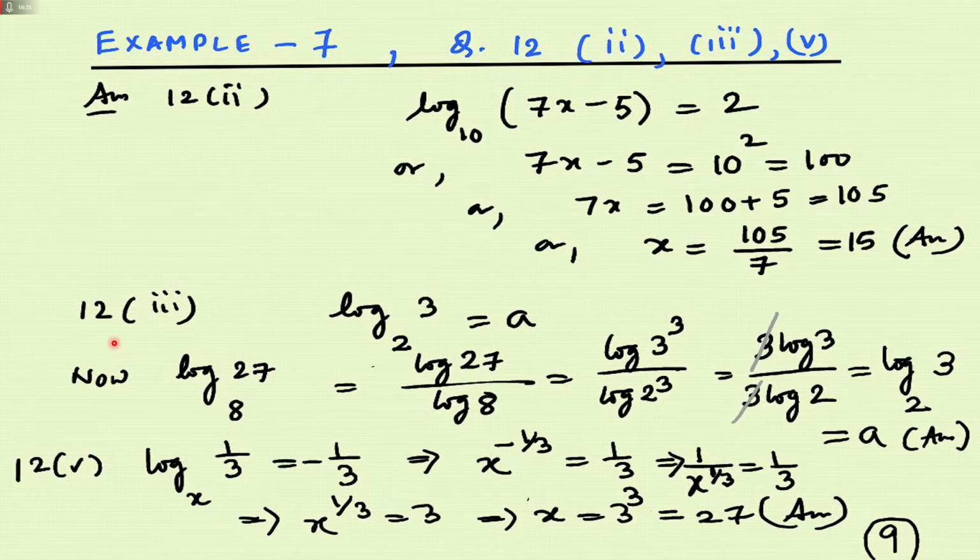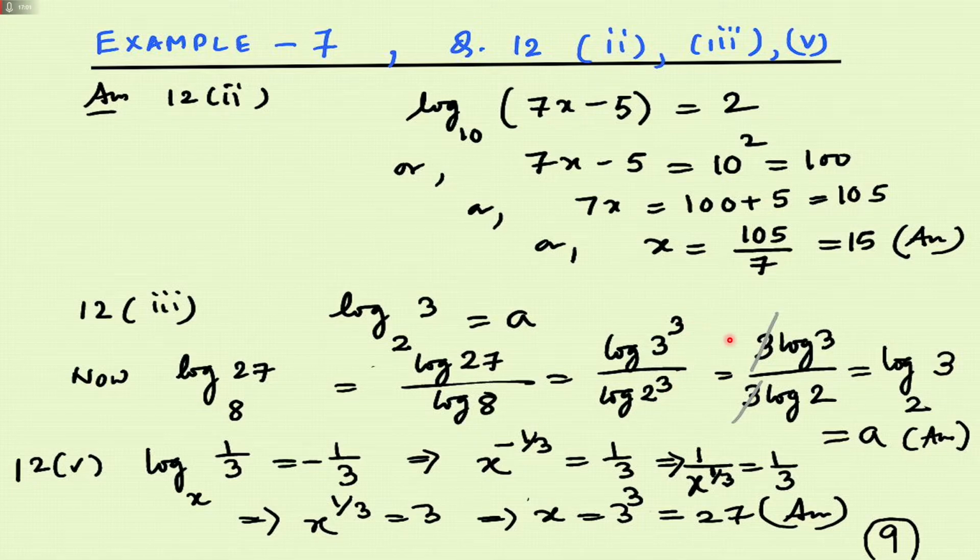Question number 12.3. The problem is here: log 3 base 2 is equal to a. You have to find log 27 base 8, and this is also a multiple choice question. Now you can write this as log 27 by log 8. Now log 27 can be expressed as log 3 cube, and log 8 can be expressed as log 2 cube.